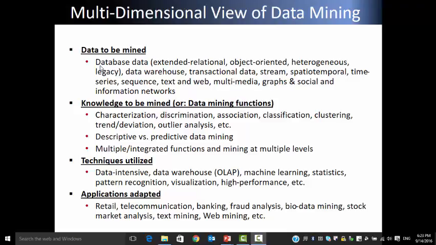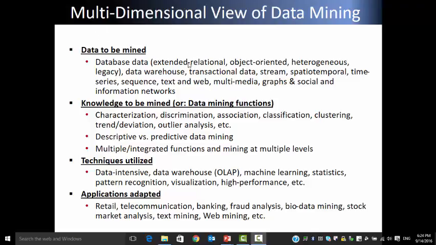Is the database data, for example. You can mine some patterns from data already stored in a commercial database, for example, Oracle. Okay? So a relational database can contain huge data sets, if you want to apply some data mining, that is possible.